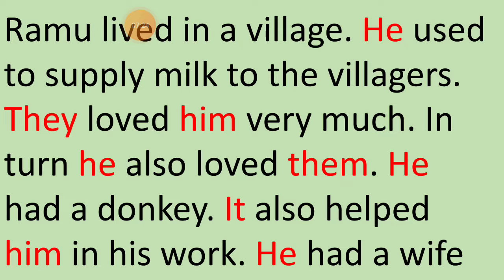So after using the appropriate pronouns, how will our passage look? Let's see. Ramu lived in a village. He used to supply milk to the villagers. The words which are highlighted in red color are all the pronouns we have used, children.